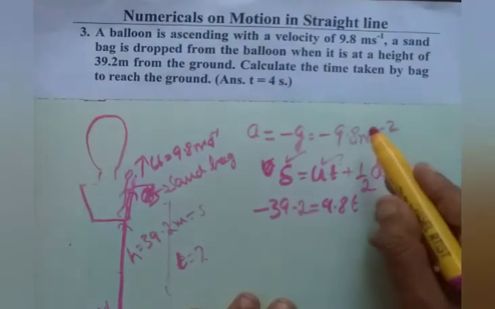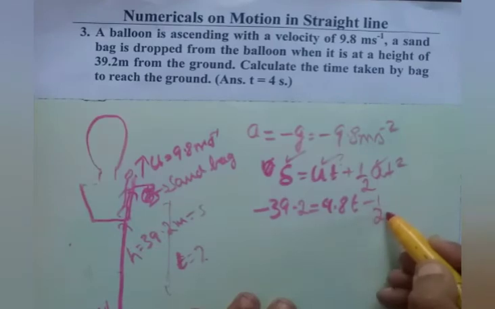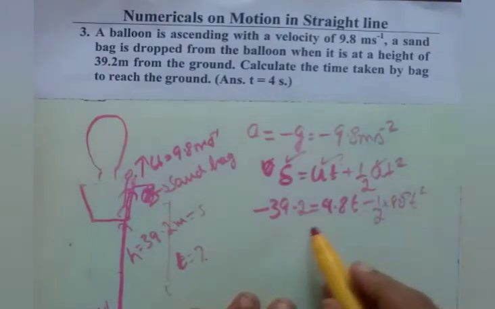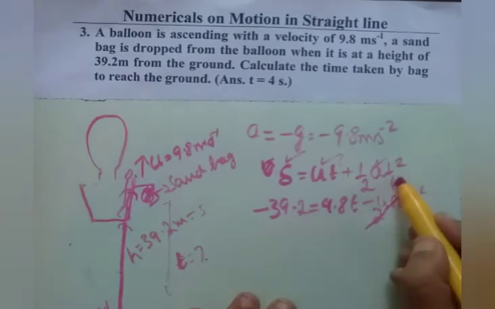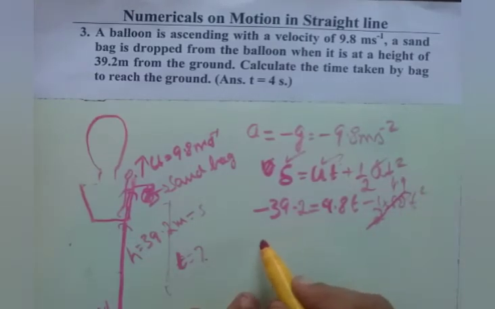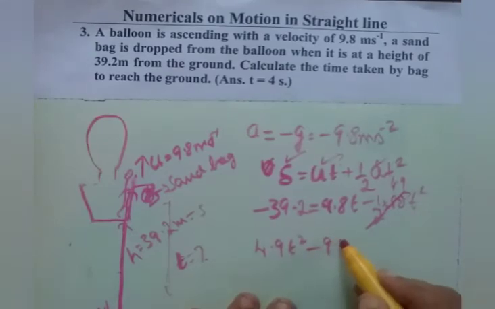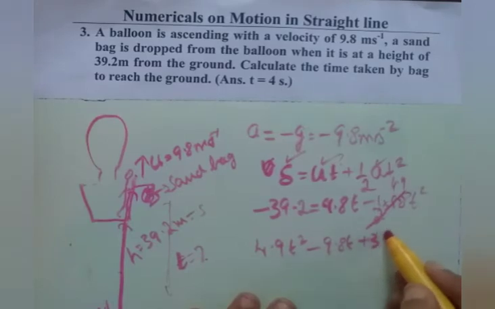And a minus, so minus half, 9.8 t square. So we can simplify this. We get a quadratic equation. I write it. 4.9 t square minus 9.8 t plus 39.2 equals 0.